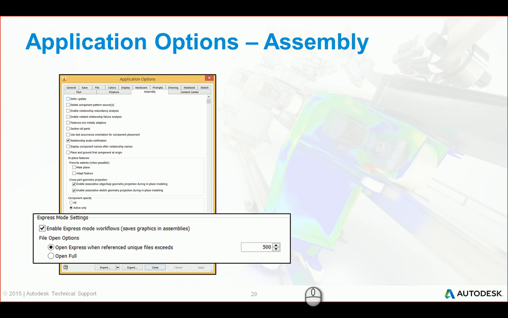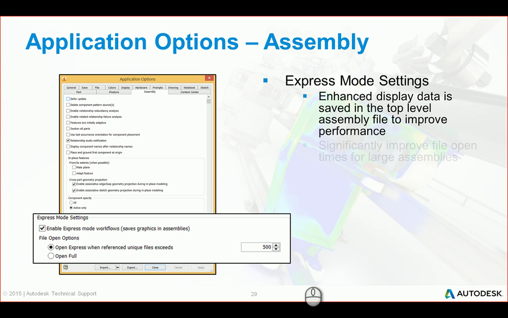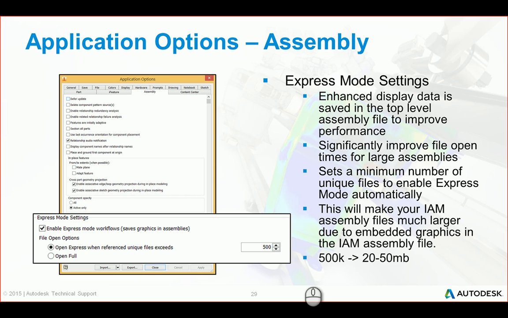Now the Express graphics is going to embed raster images in there, so that when you open the assembly in Express mode, it opens considerably faster, and it is going to give you your assembly graphically.